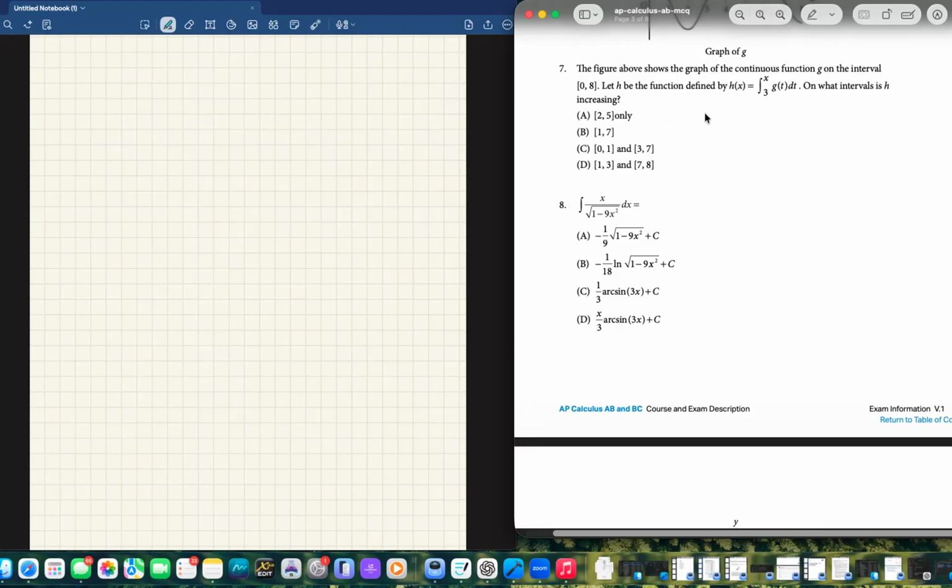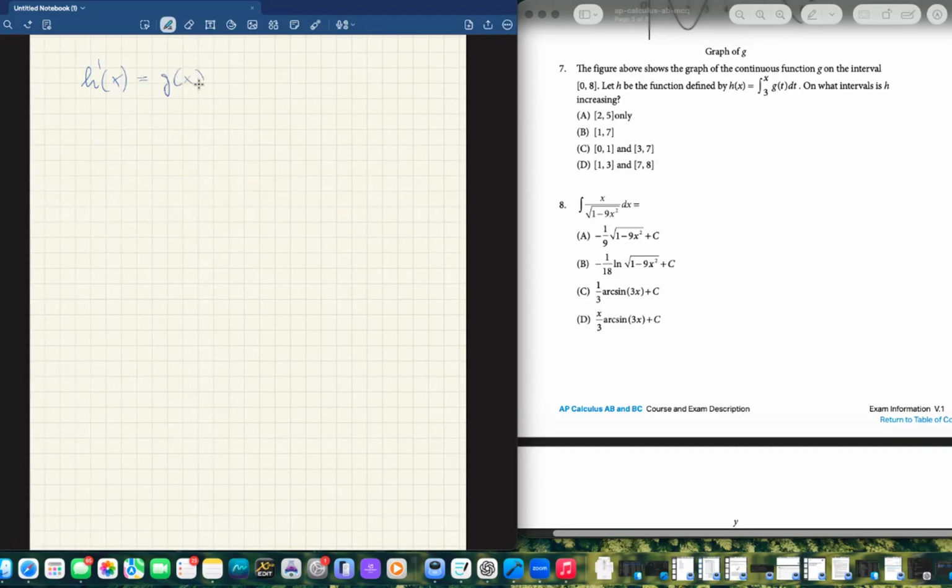So to show your work for this here, you could say h prime of x is equal to g of x, and therefore h is increasing where g of x is greater than 0. So that's C.